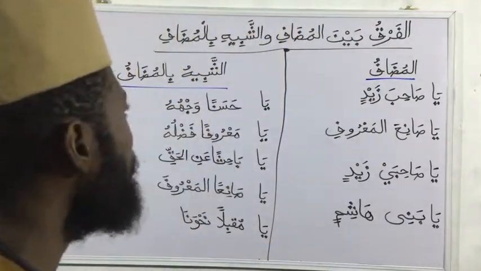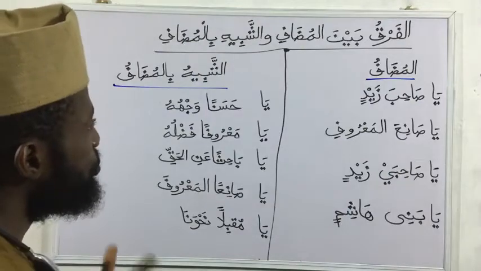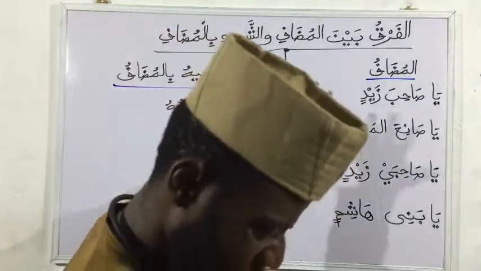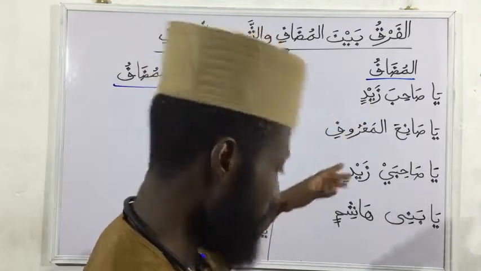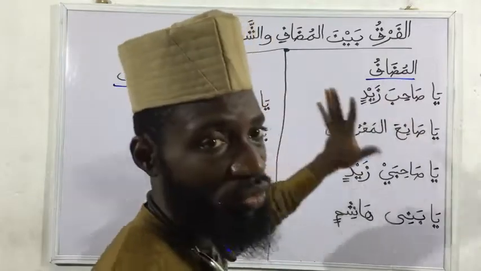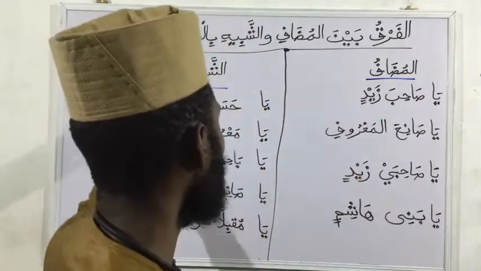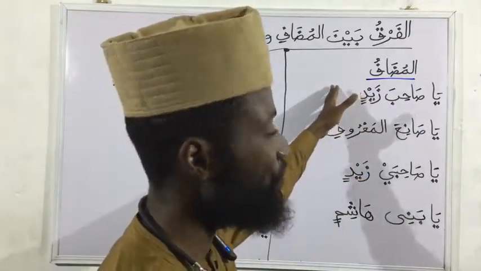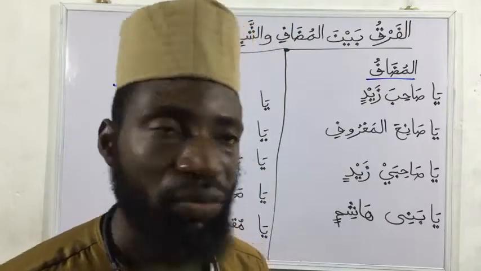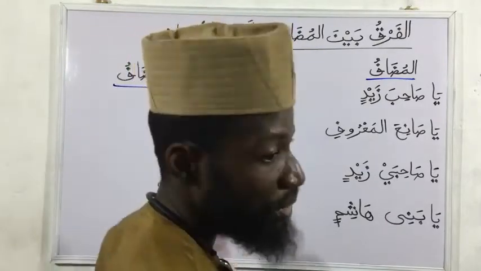Now, before we move on, we need to look at something. So we base our writing on examples of munada. Mudaf, you see it in different places, in different senses, in different styles of Nahw and Sarf. Shabih bil mudaf is limited.